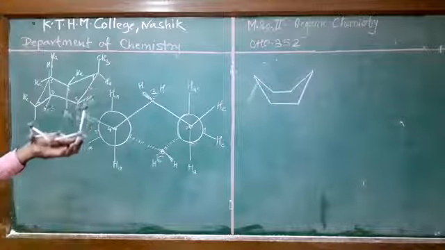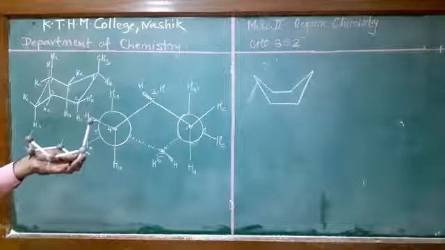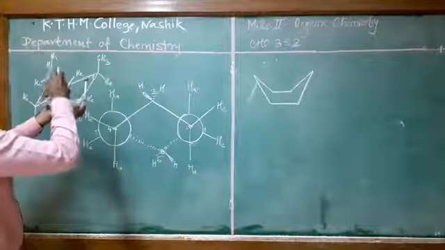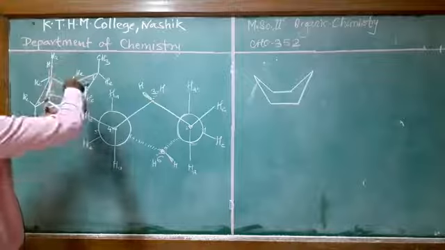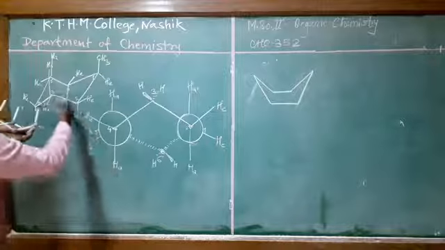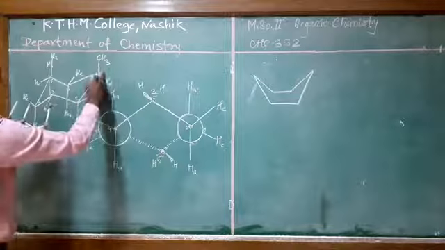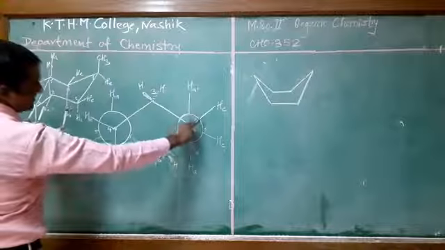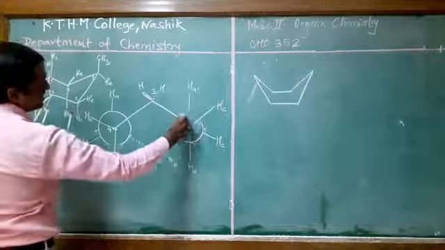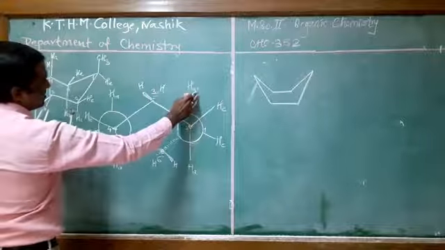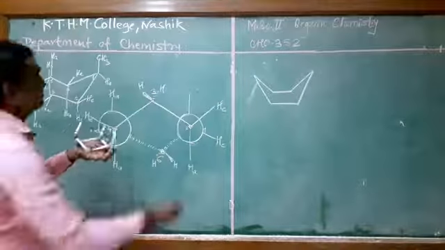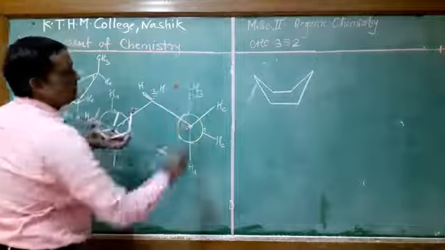Then we observe that in Newman's projection, for this particular carbon number 1, the backside carbon having this upward direction axial hydrogen gets substituted by this CH3 in this way.